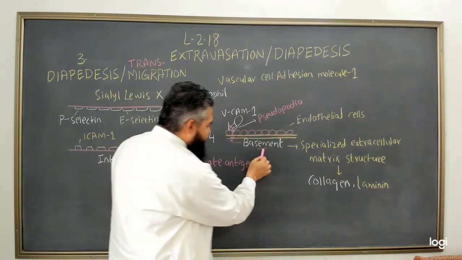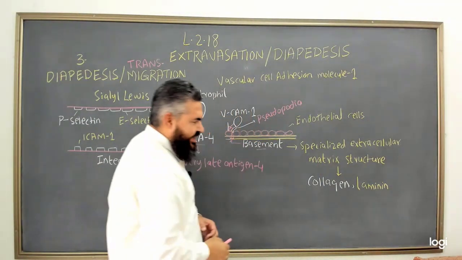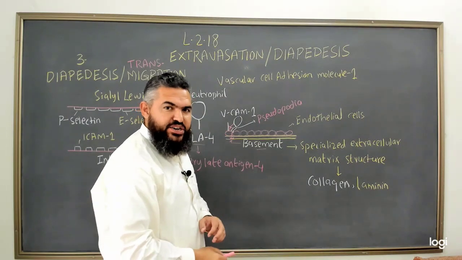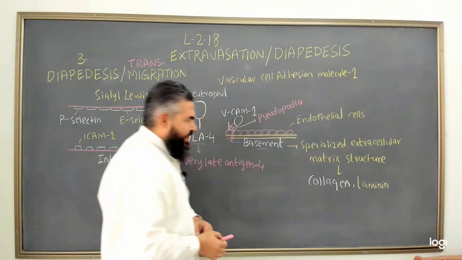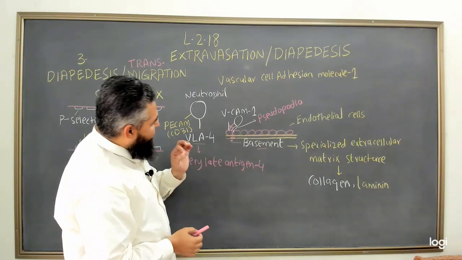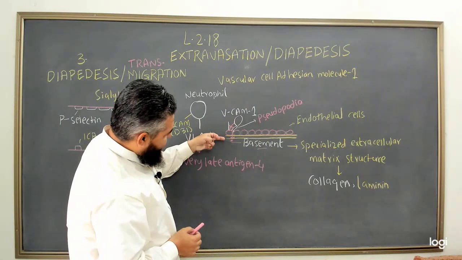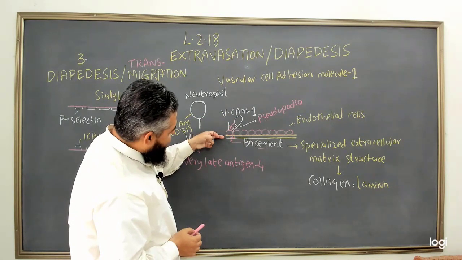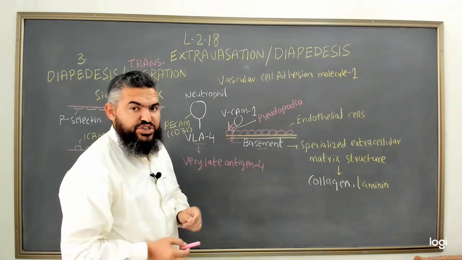Now, this basement membrane is a specialized extracellular matrix structure, and it is made up of different kinds of proteins like the collagen and the laminin. What this means is that if you are interested in the movement of these neutrophils from the subendothelial area towards the tissue, you need to get rid of this basement membrane.